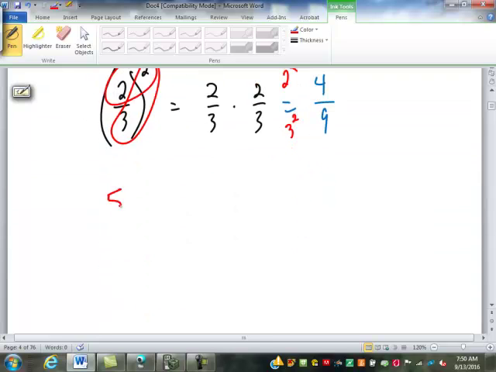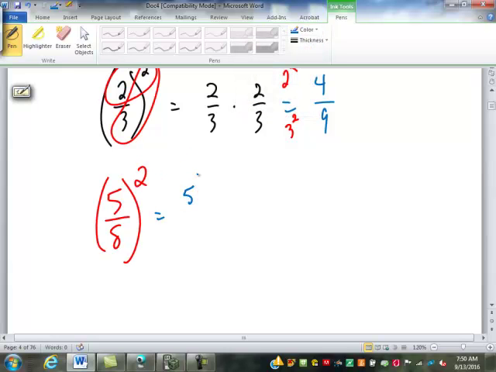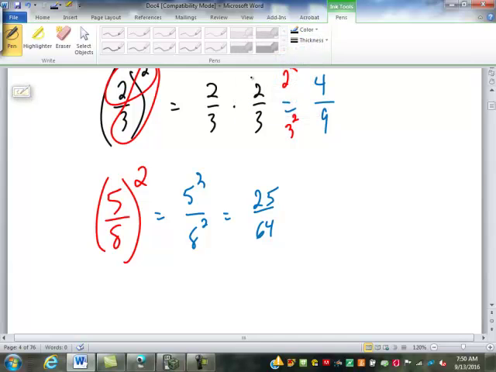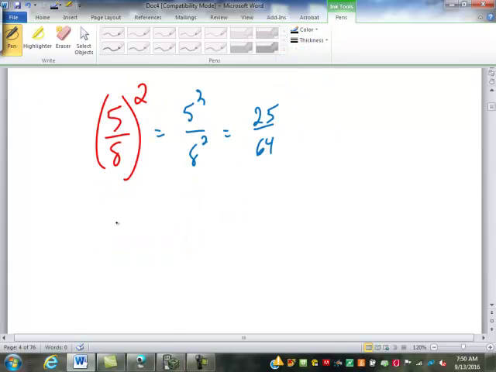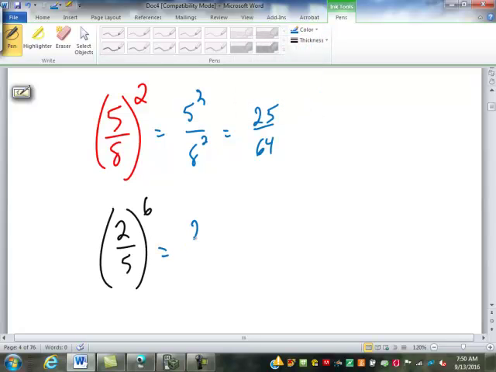So if I have 5/8 squared, I can just view that as 5 squared over 8 squared, or 25 over 64. So if I have 2/5 to the power of 6, I treat that as 2 to the power of 6 over 5 to the power of 6.